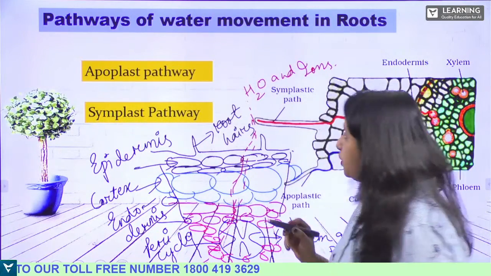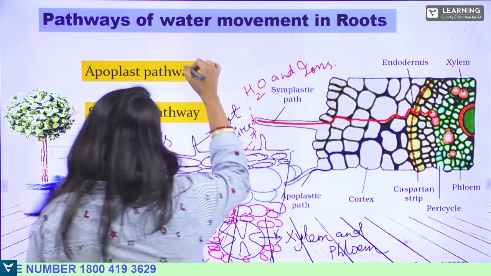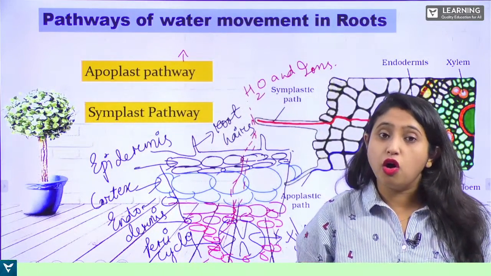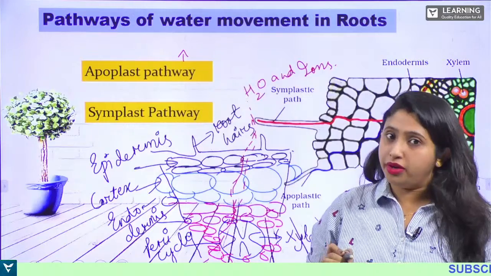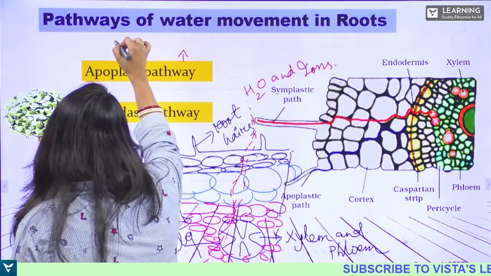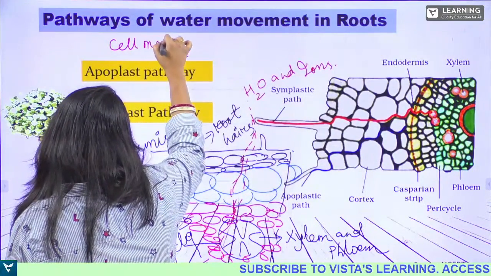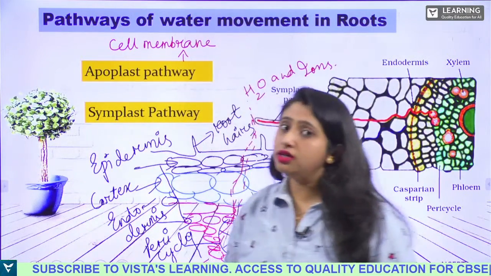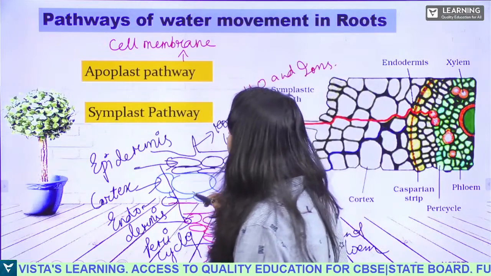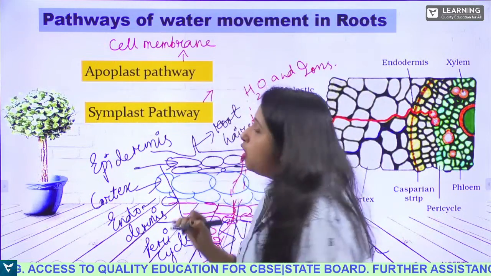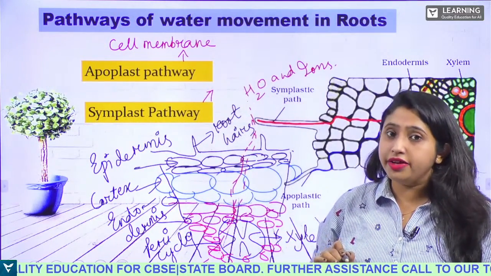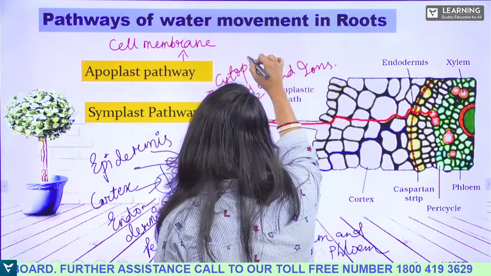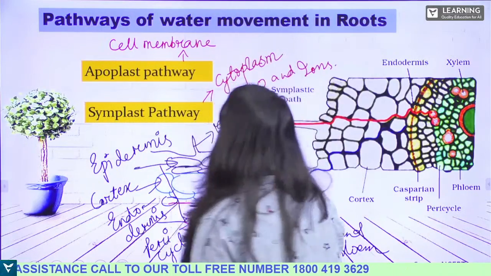In the Apoplast pathway, the molecules move only through the cell membrane. Whereas in the Symplast pathway, the water molecules or the ions move through the cytoplasm of the cell.